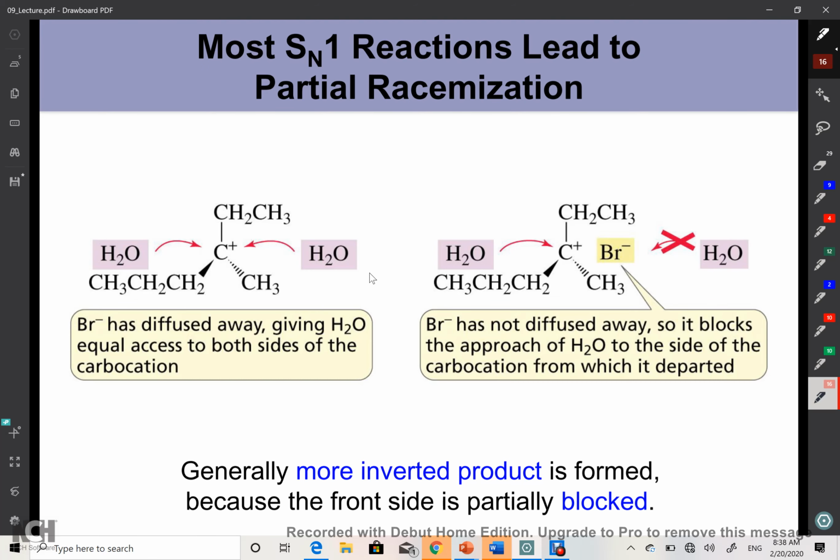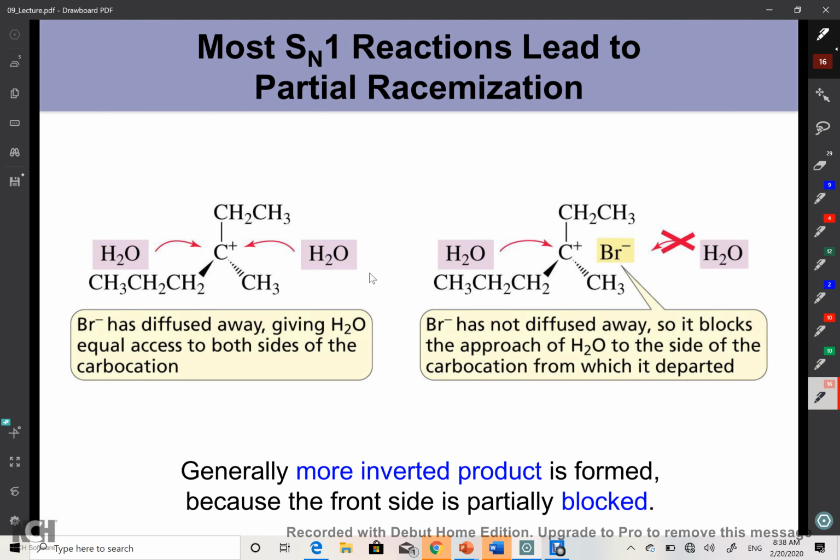Now, if the leaving group is slow in detaching from that carbon, technically it's already blocking one side of the carbon and favoring the other side. I don't know if you understand what I'm saying here. If that detachment is slow, the leaving group is blocking one face of the carbon and leaving the other face open.